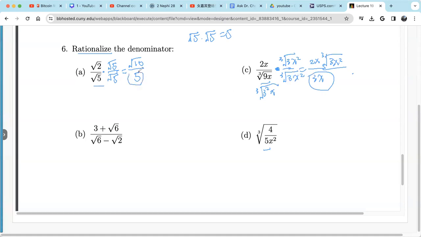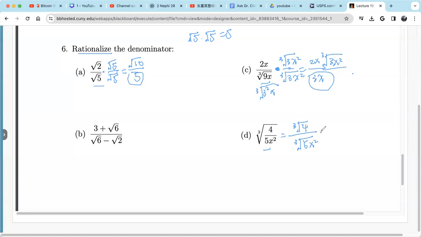Now let's see D before we do B, because the D denominator is a monomial. So here I want to split, because the numerator and denominator are all under the cubic root. So I split as cubic root of 4 in the numerator, then cubic root of 5x squared in the denominator.